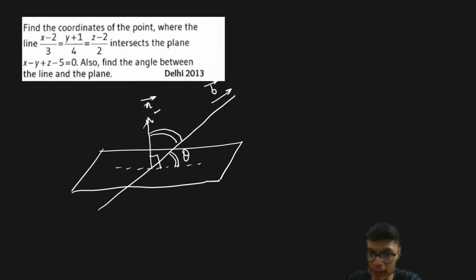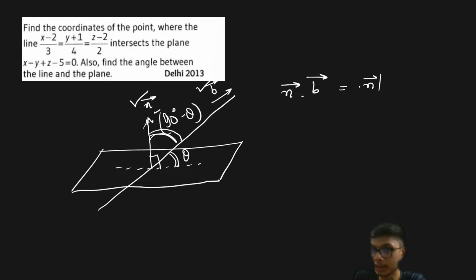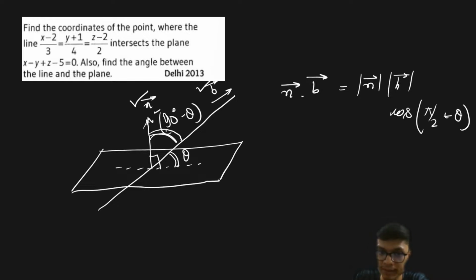Since n is perpendicular to the plane, I can write this angle as 90 degrees minus theta. So when I perform the dot product n vector dot b vector, I'll get mod of n into mod of b into cos of pi by 2 minus theta, because this is the angle between the vectors b and n.